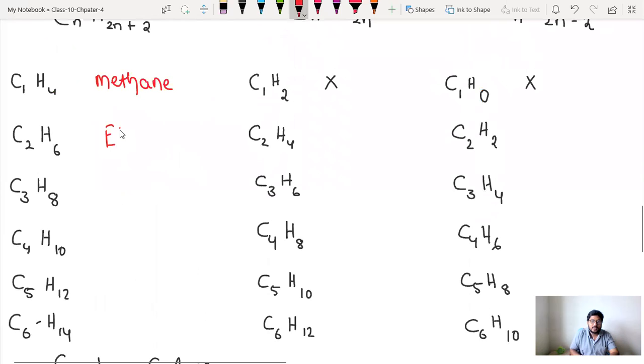Next, 2 carbons means eth. 3 carbons means prop. 4 but. 5 pent. 6 hex.